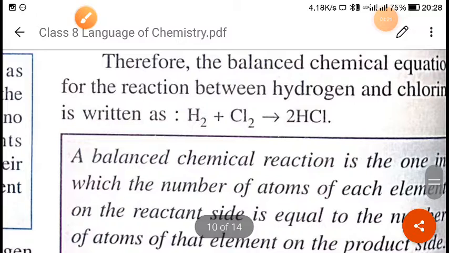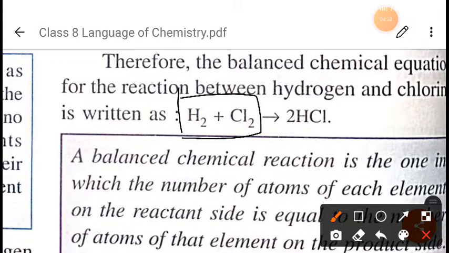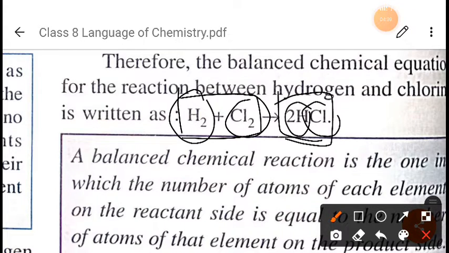In this reaction, this side is the reactant and this side is the product. As you can see, the number of hydrogen is 2 here and 2 here, and chlorine is 2 here and 2 here. Means the reactant is equal to the product.